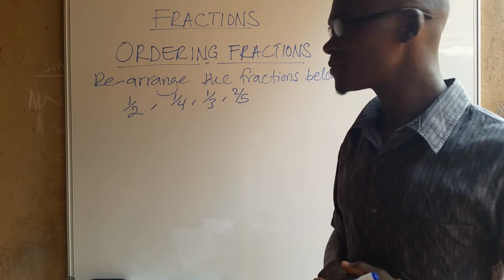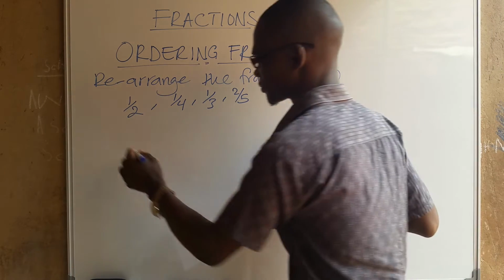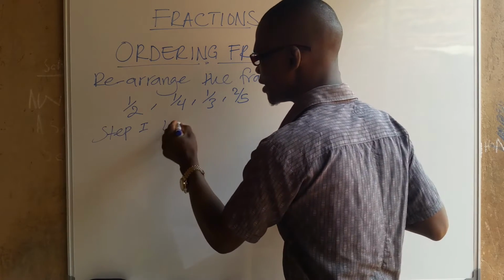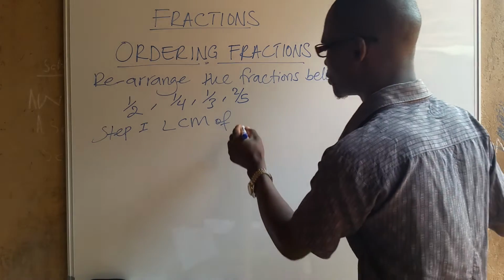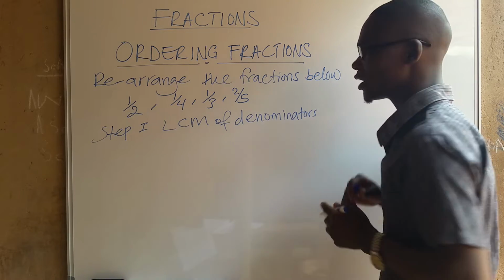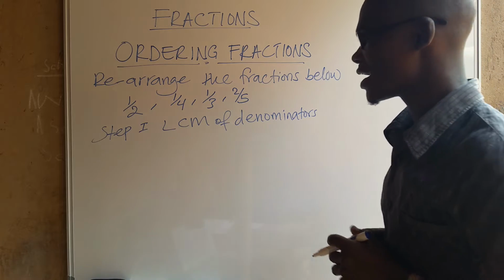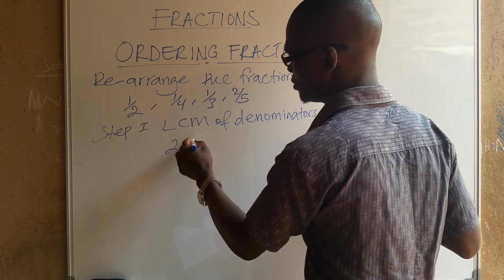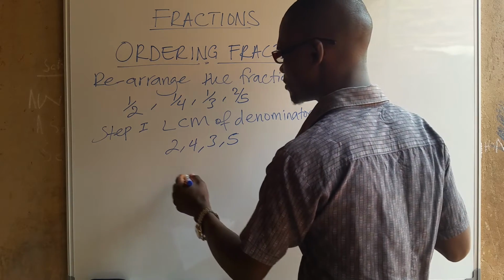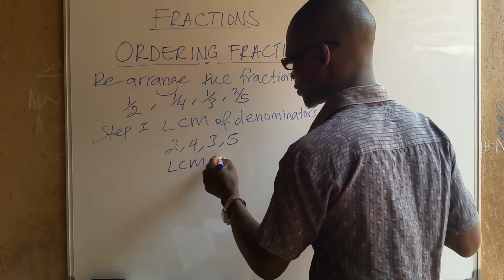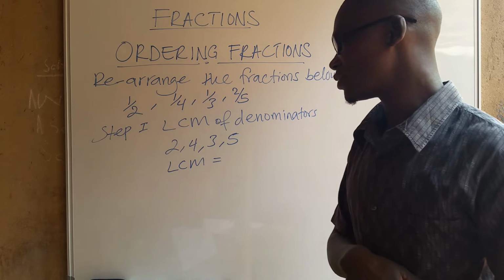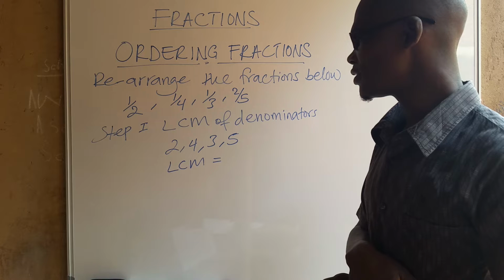Number one is we shall get the LCM of the denominators, and that is 2, 4, 3, 5. That LCM will be the lowest common multiple of 2, 4, 3, and 5.